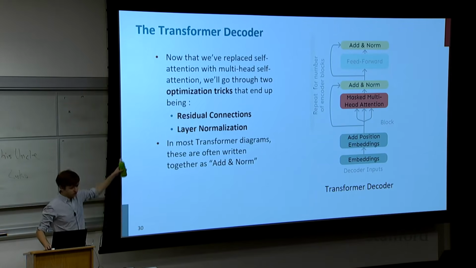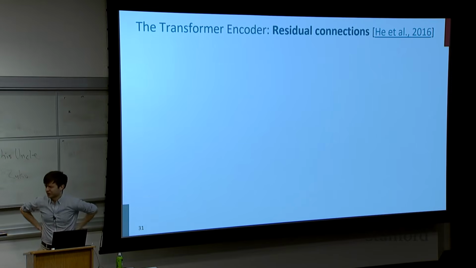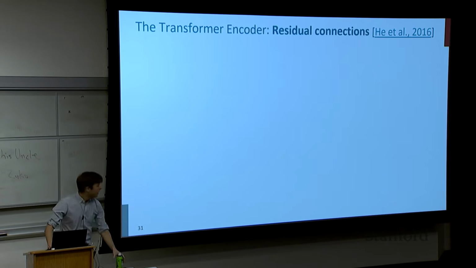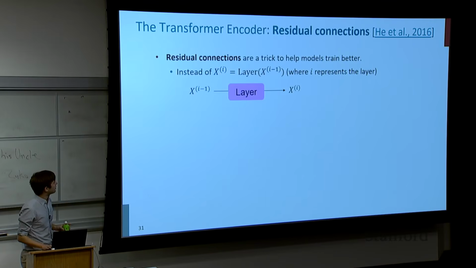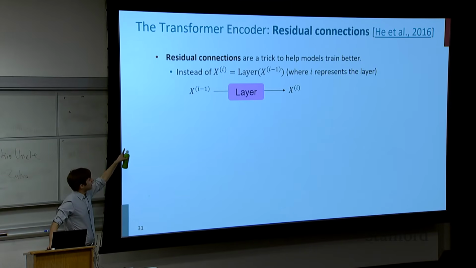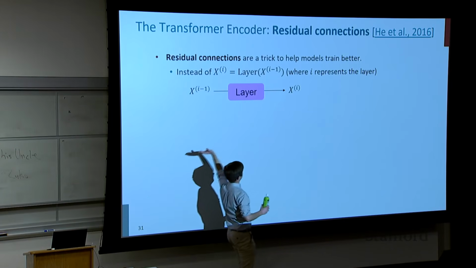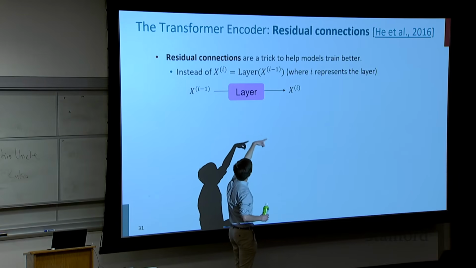So let's go over these two individual components. The first is residual connections. I think we've talked about residual connections before, but it's worth doing again, because it's really a good trick to help models train better. Just to recap, you have a layer i-1, and you pass it through a thing. Maybe it's self-attention, maybe it's a feed-forward network.